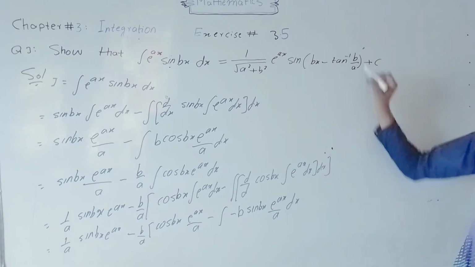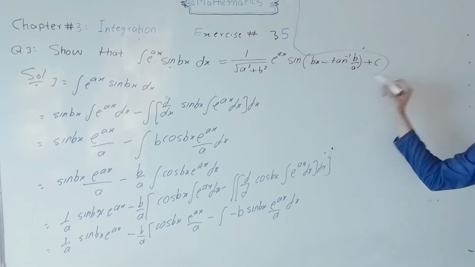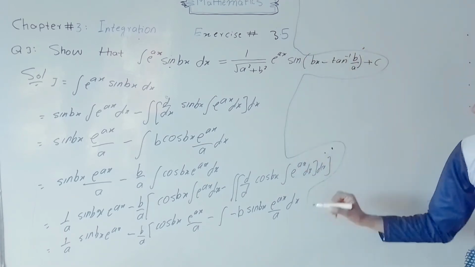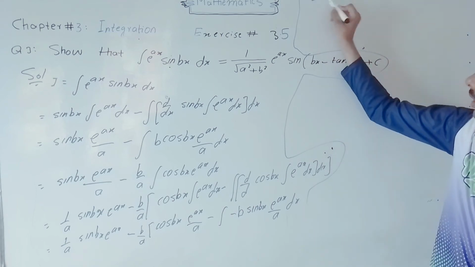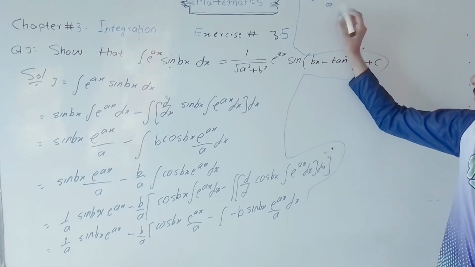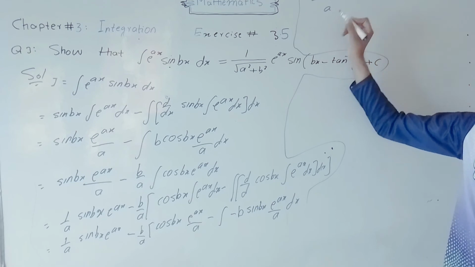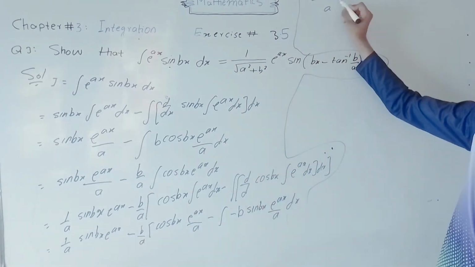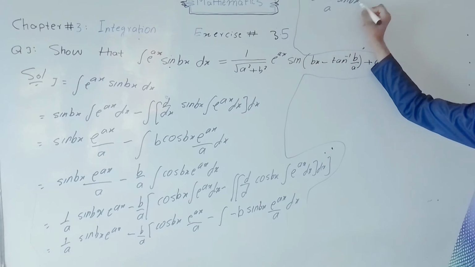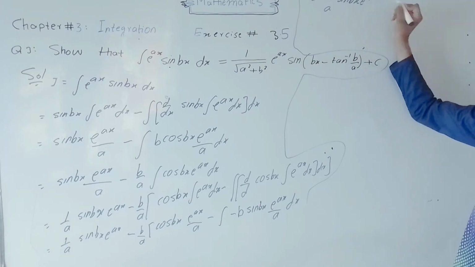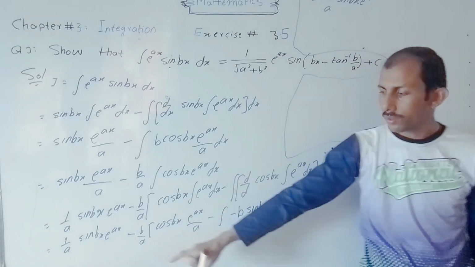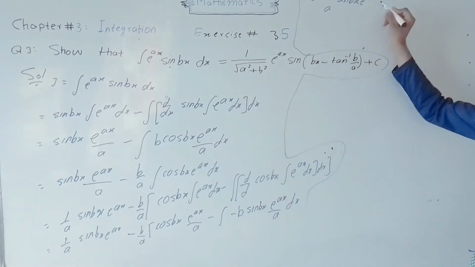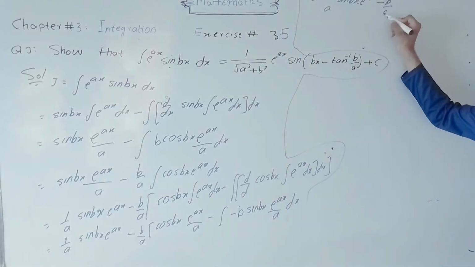So next is equal to 1 divided by a sine bx e power ax minus b divided by a.